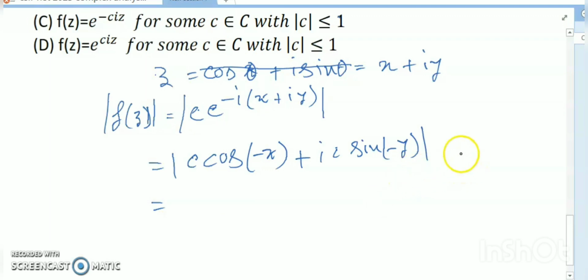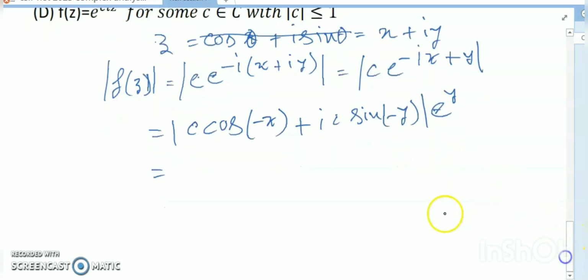And another is multiplied, e to the power y is multiplied, because it can be written as mod of c e to the power minus ix plus y, and e to the power y is outside.